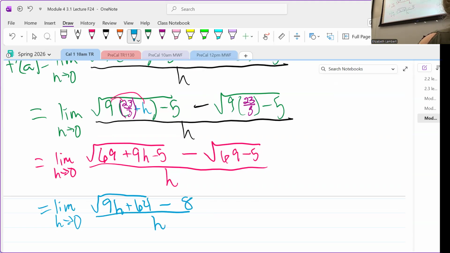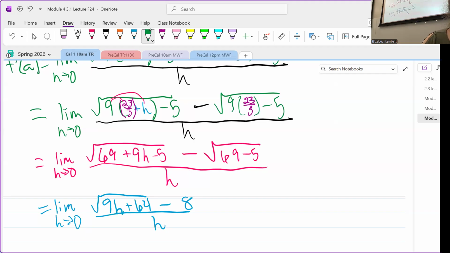So I have my 9h, 69 minus 5 is positive 64, minus the square root of 64, which is 8, all over h. If I plug in 0 right now, though, I'm still going to get 0 over 0. So I still need a creative algebra step to help me work from here.